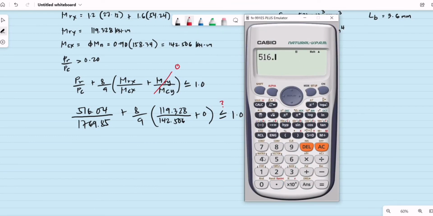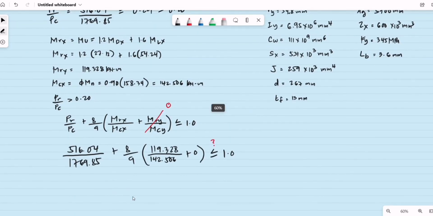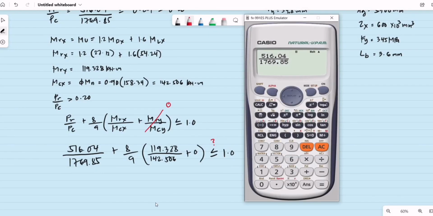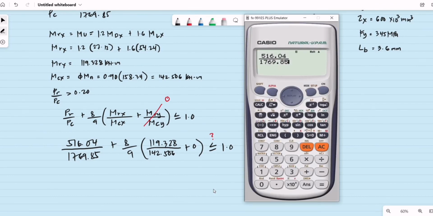So let us check if the member is satisfactory. This is 516.04 divided by 1769.85, then plus 119.328 divided by 142.506, multiplied by the ratio of 8 over 9.